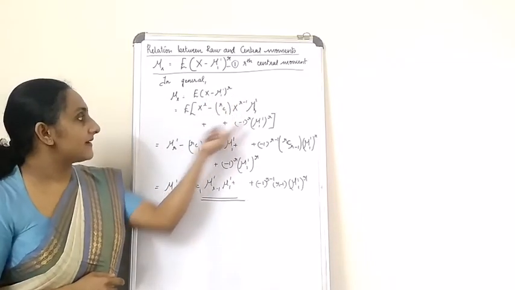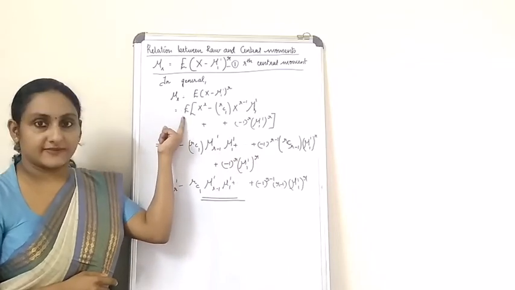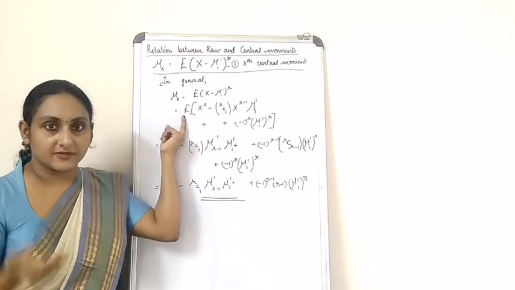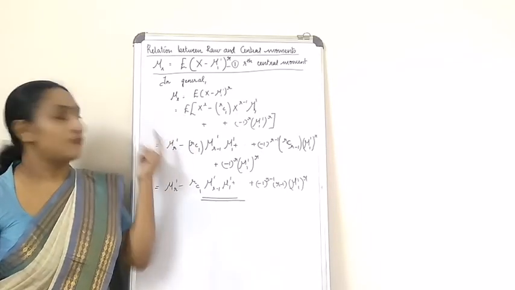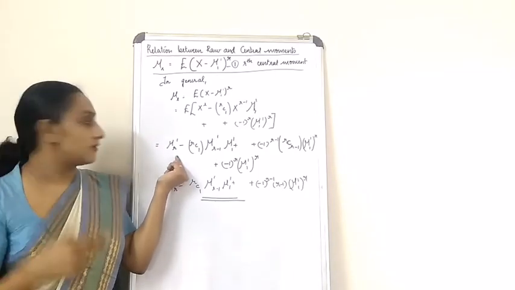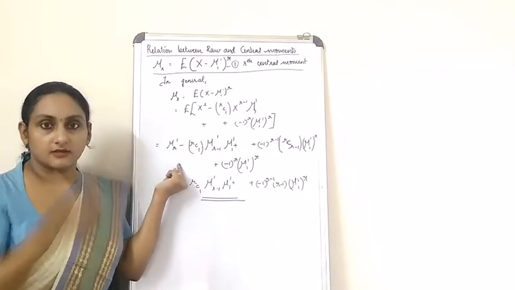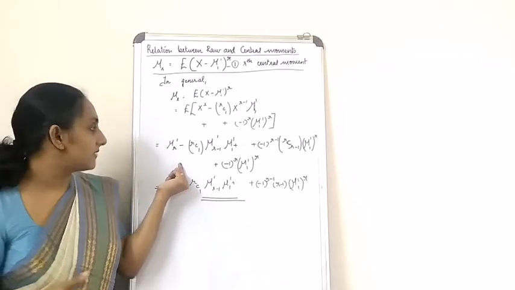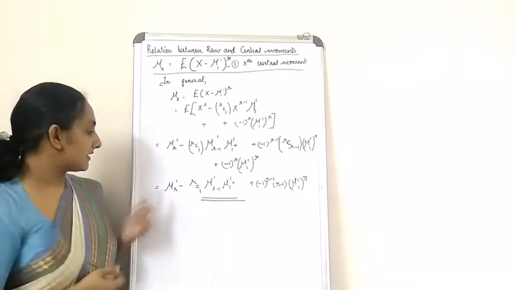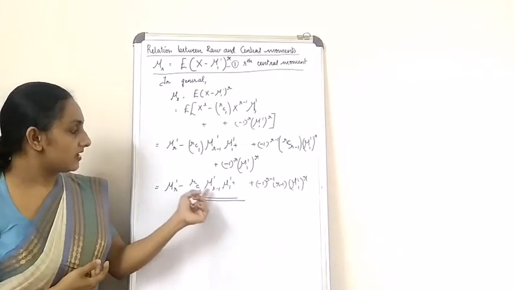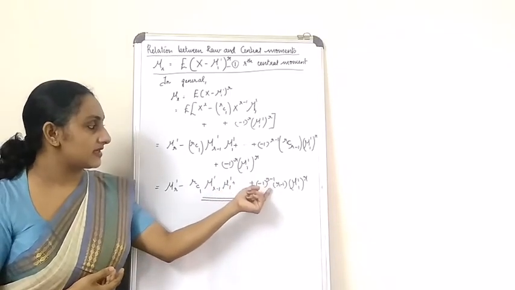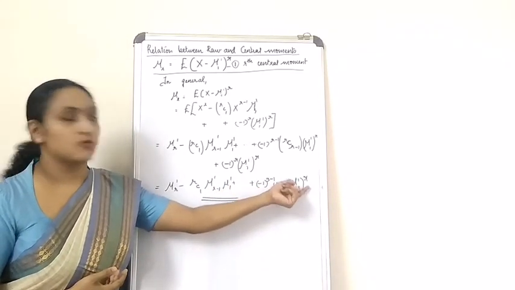When I expand, I get something like this in terms of expectation, and then what you have done before, that whenever you get something in terms of expectation, you turn it into terms of moments. In the second line you change it to terms of moments, and then you refine your equation and you will get mu r' minus rC1 mu (r minus 1)' mu1' plus etc, plus (minus 1) raised to r, (r minus 1) (mu1')^r.